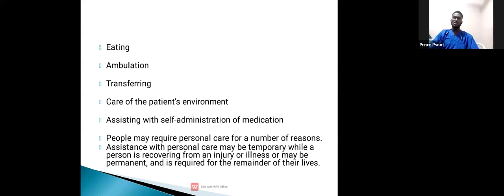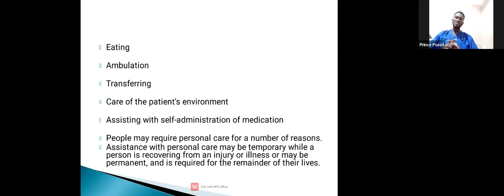People may require personal care for a number of reasons. Assistance with personal care may be temporary while the person is recovering from an injury or an illness, or it may be permanent. We said many times, as we talked about the types of disability, that we have the permanent and the temporary. If it is a temporary disability, the patient will not need this care for the rest of their lives, only throughout the recovery process. After recovery, the patient regains the ability to do things for themselves.